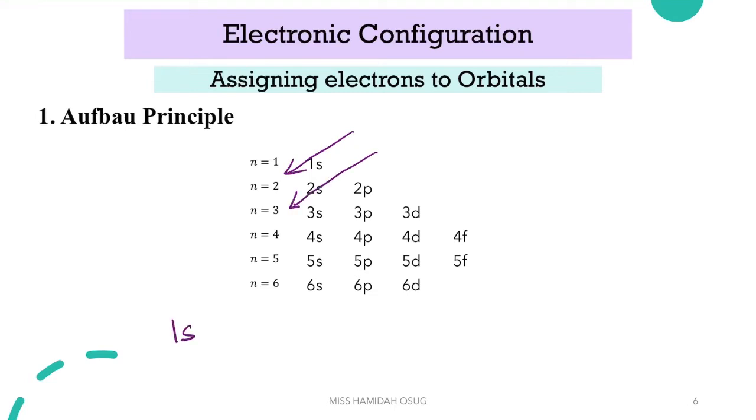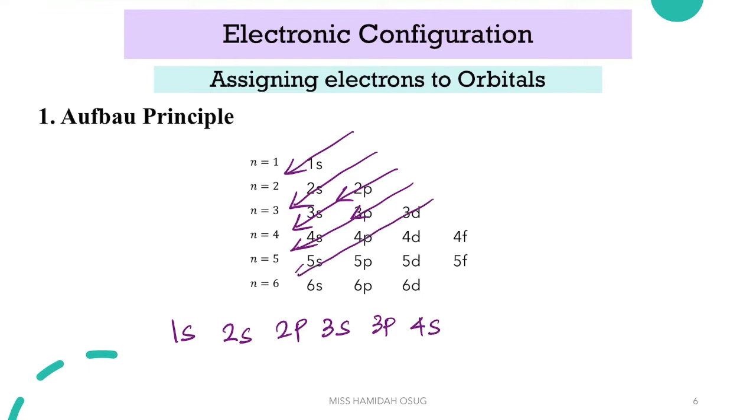So kita akan cut dia daripada 1s, daripada 2s begitu, and then 2p ke 3s, and then daripada 3p ke 4s, and then daripada 3d 4p and 5s, and then daripada 4d 5p and 6s, and then daripada 4f, 5d and 6p, and then daripada 5f dan juga 6d.